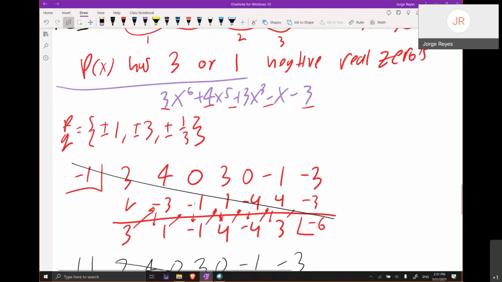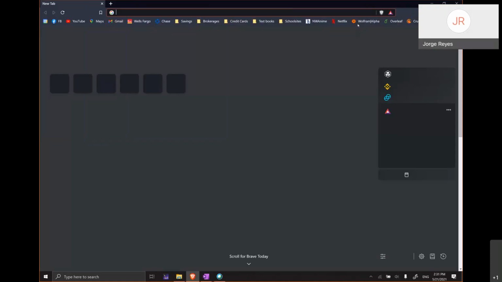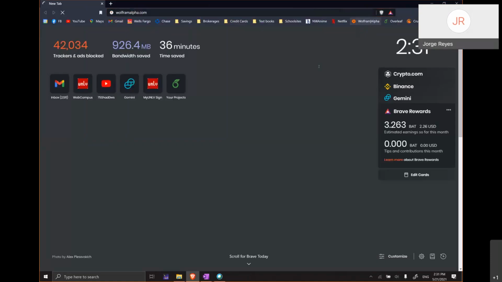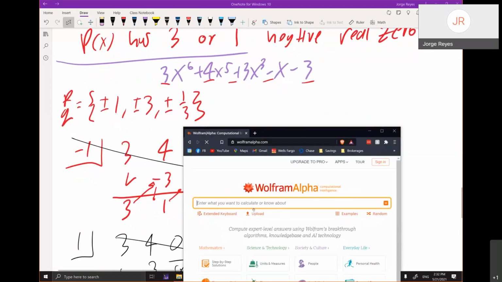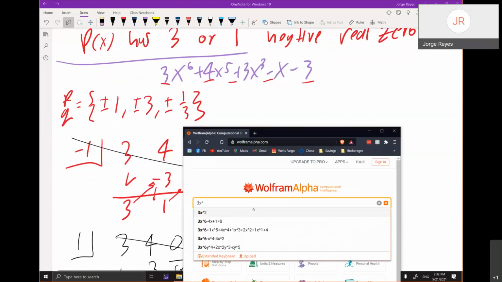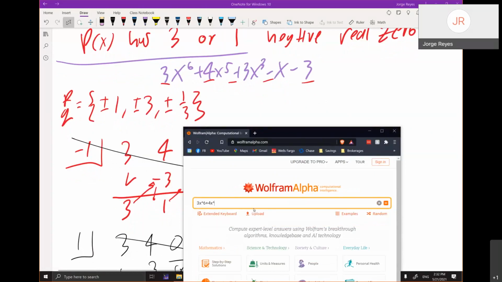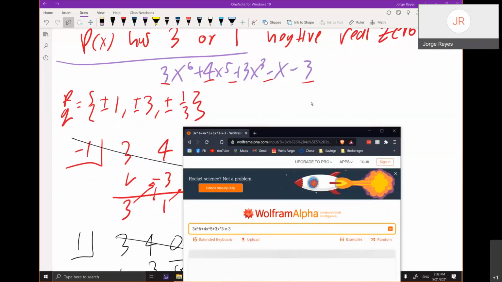All right, ladies and gentlemen, it's time to cheat. By cheating, I mean I'm going to double check if this has rational roots. So let's go to our favorite website, Wolfram Alpha. Okay. And let's see how this is going. So minus x minus 3. All right. Do you have rational roots?